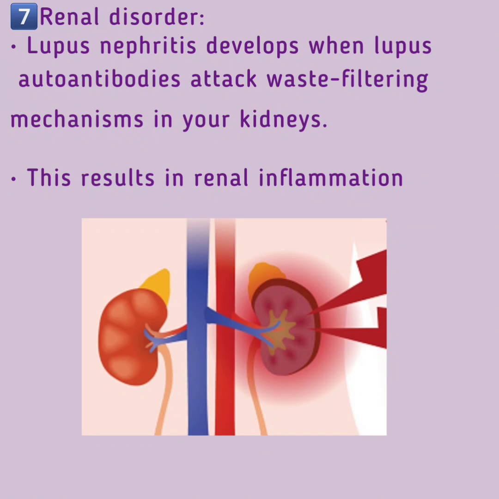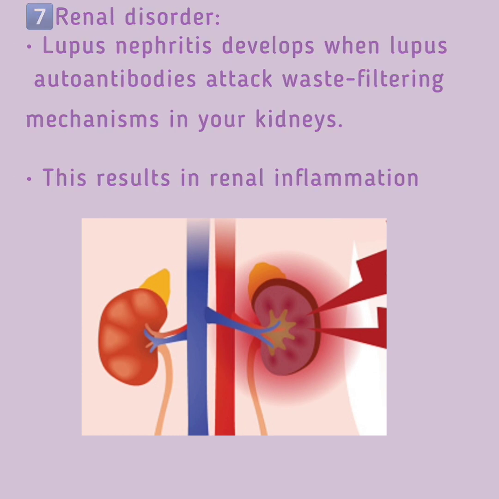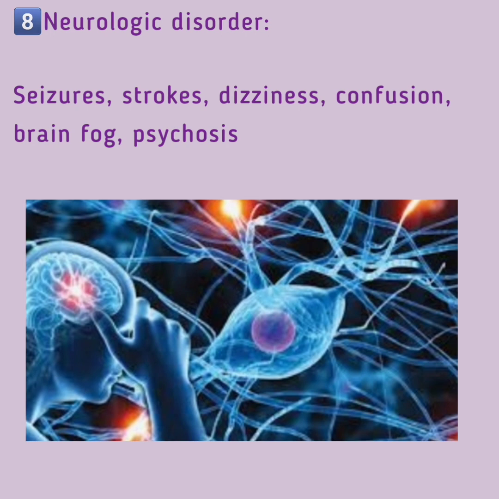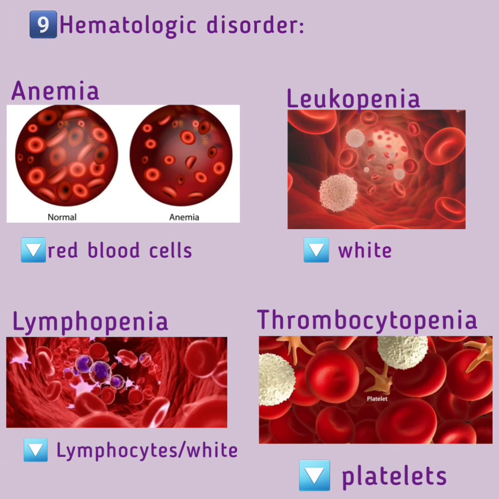Renal disorder, lupus nephritis, is when there is inflammation in the kidneys. Neurological disorders: seizures, strokes, dizziness, confusion, brain fog, and psychosis. Hematologic disorders: anemia, which is low red blood cells, leukopenia, which is low white blood cells, lymphopenia, which is low lymphocytes, also low white blood cells, and thrombocytopenia, which is low platelets.